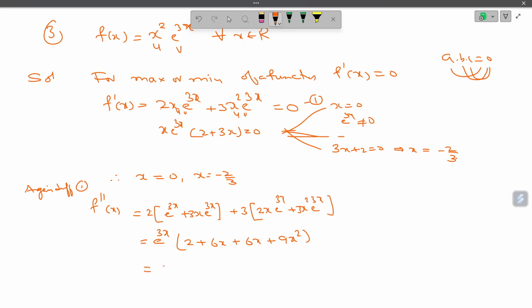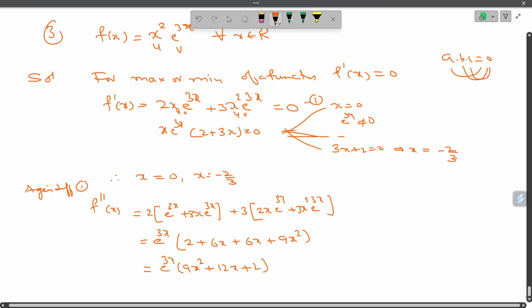So this is e to the power of 3x, 9x square plus 12x plus 2. That's it. We got f double dash x. Now our problem is putting x equal to 0, x equal to minus 2 by 3. That's all.